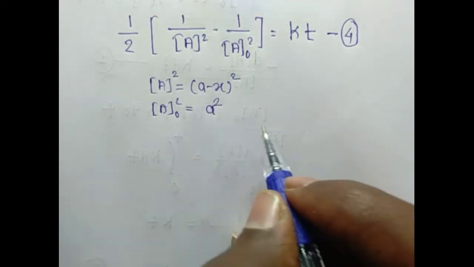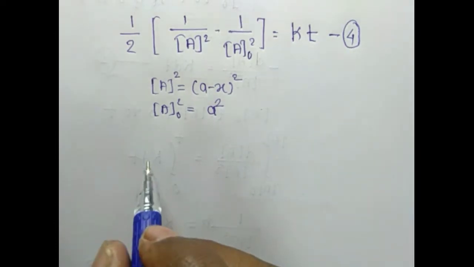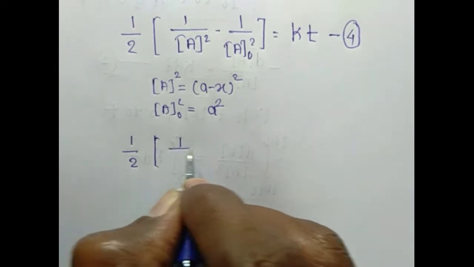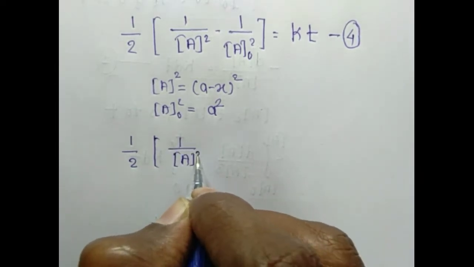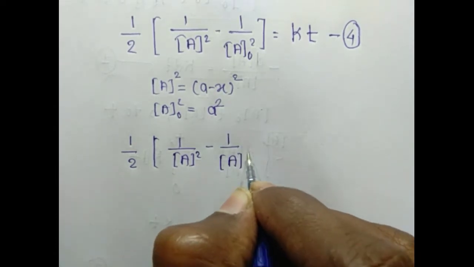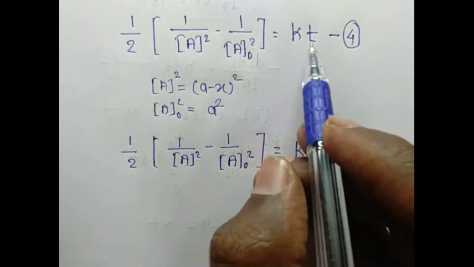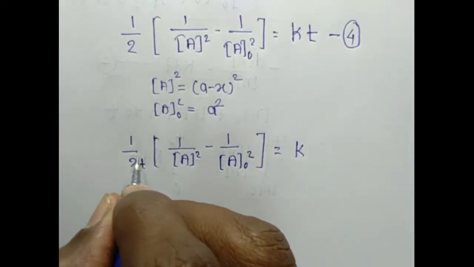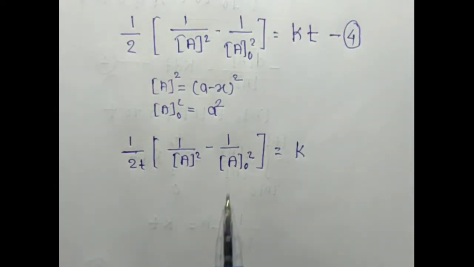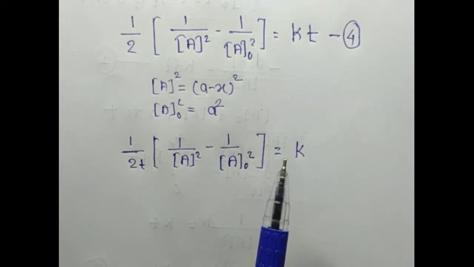By rearranging equation number 4, we get 1 half into bracket 1 upon A square minus 1 upon A0 square, and K is equal to this into 1 upon 2t. This is our equation in the form of rate constant for third order reaction.